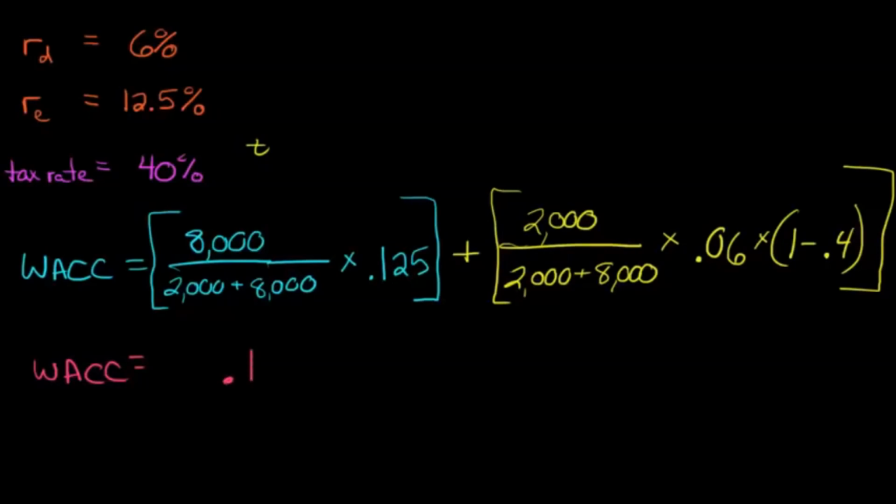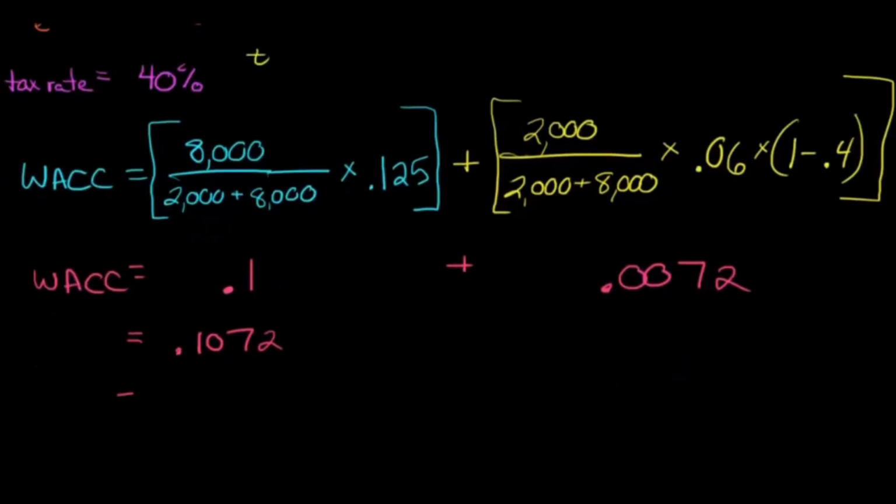Apologies there. So we add these together, and it's 0.1072. Thinking of it as a percentage, that's 10.72%. So the weighted average cost of capital for this firm that we've started here is 10.72%.